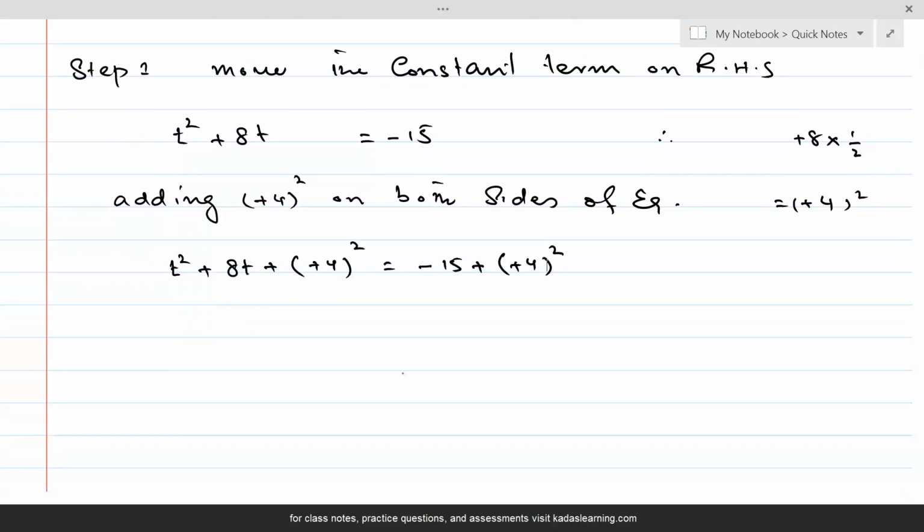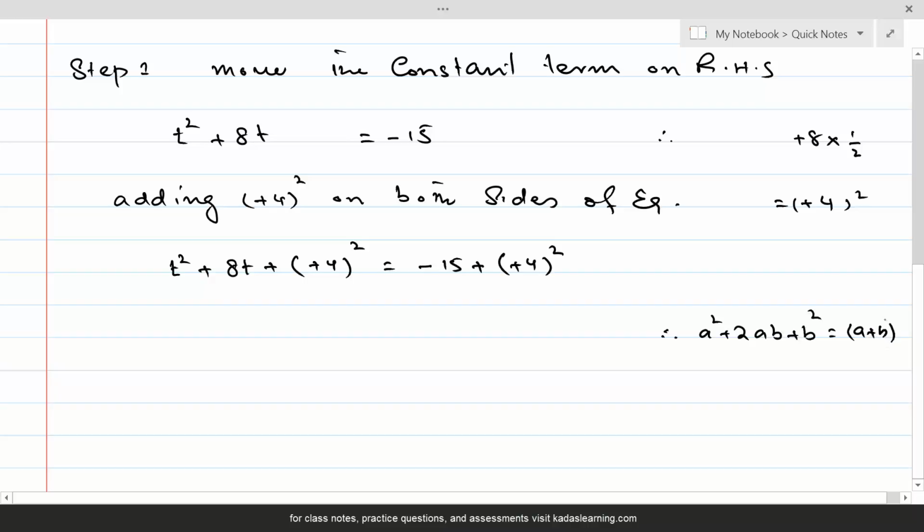And if you take a look at this formula, a square plus 2ab plus b square is equal to a plus b whole square. We have this formula from algebra, and that is on display in this case on the left hand side. The square terms are t and then the plus 4 square. So the left hand side is the whole square of t plus 4.